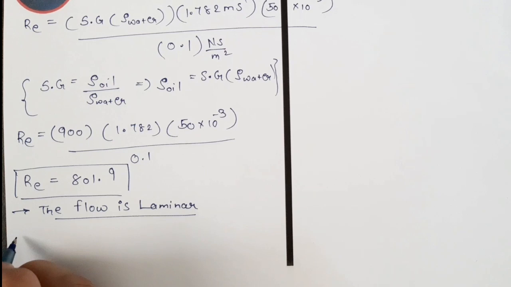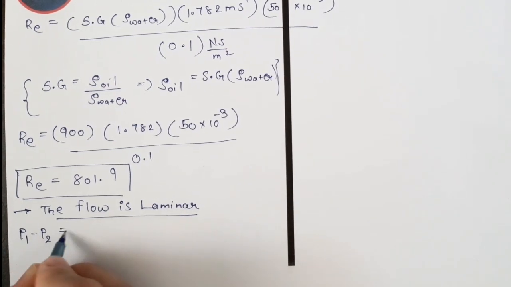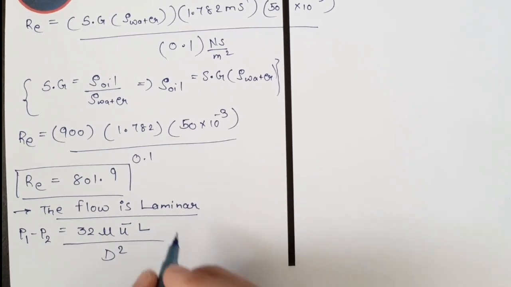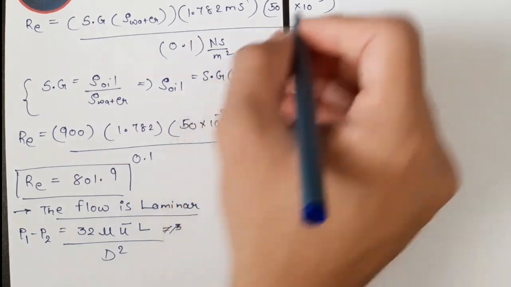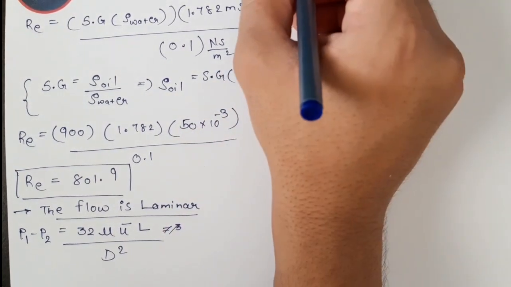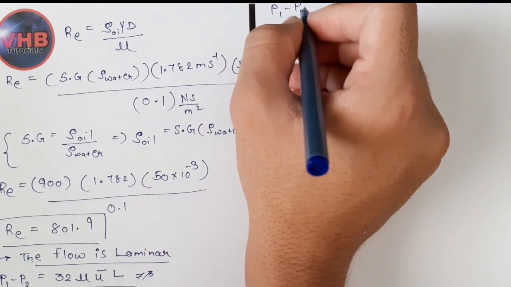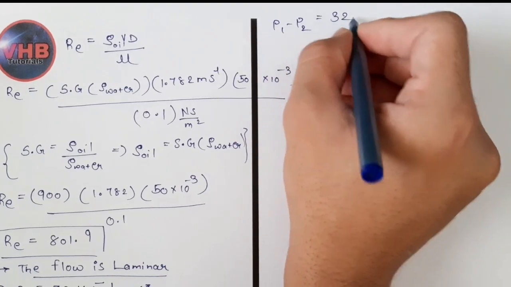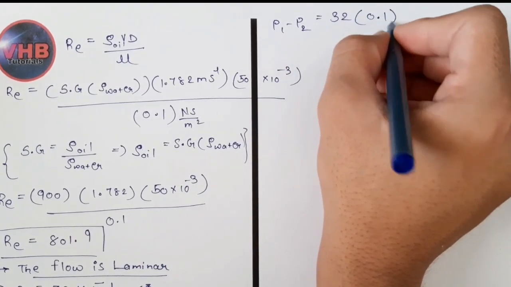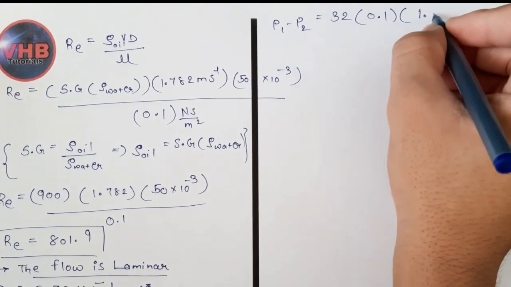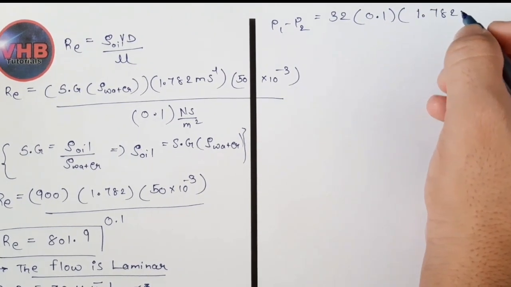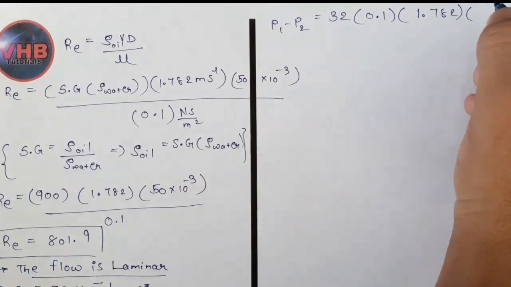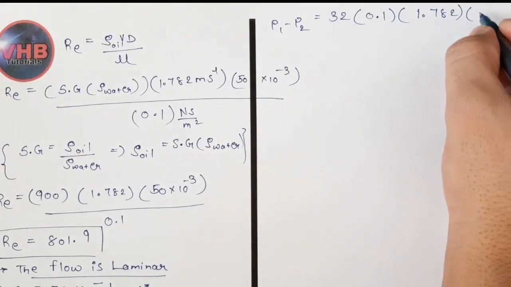So we can apply the equation P1 minus P2 equals 32 mu u bar L upon d square. So P1 minus P2 equals 32 into 0.1 into 1.782 into L. The length of the pipe is given in the question, 300 meter.